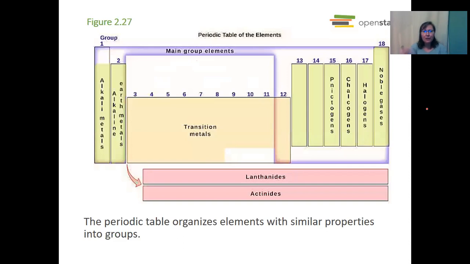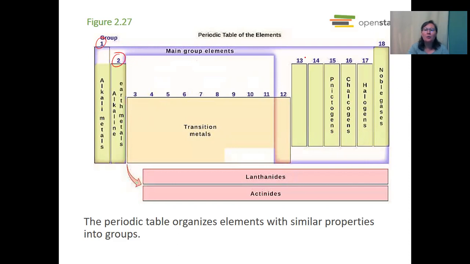Okay. So this just shows what I was referring to on the previous periodic table. We have alkali metals, alkaline earth metals, transition metals. They call these pnictogens, and you don't see that so often. So this is your group 1, group 2.